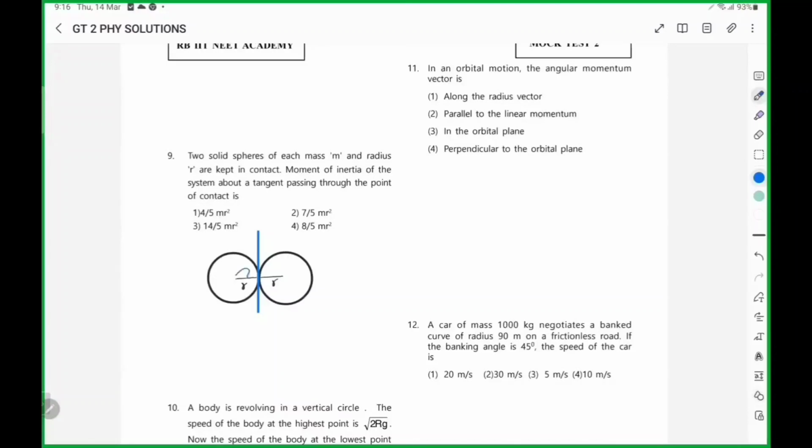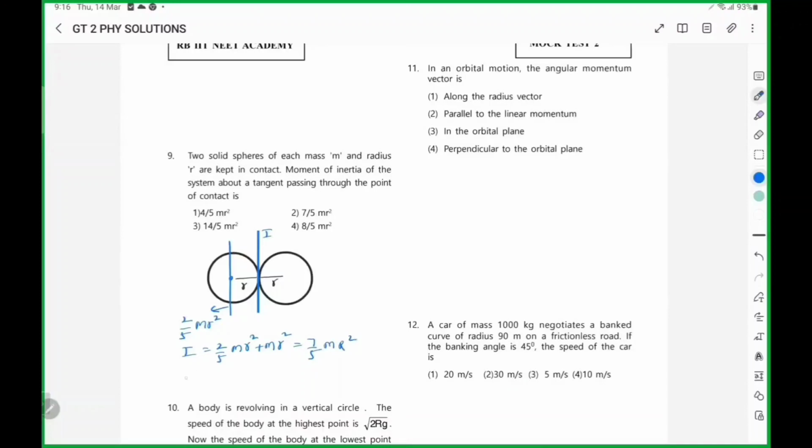So we know the moment of inertia of a solid sphere about an axis which passes through the center of mass is this. By parallel axis theorem, moment of inertia of one sphere about the tangent will be 2 by 5 mr square plus mr square, that is 7 by 5 mr square.